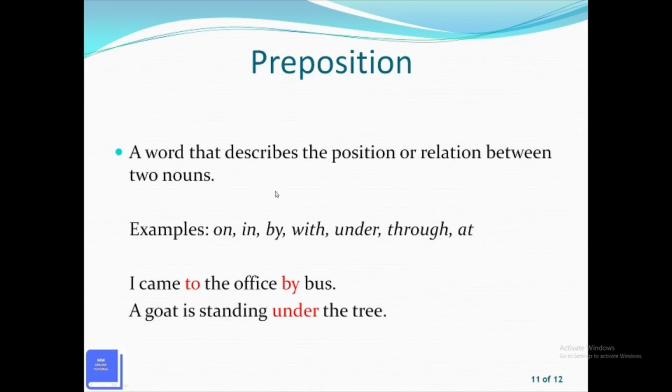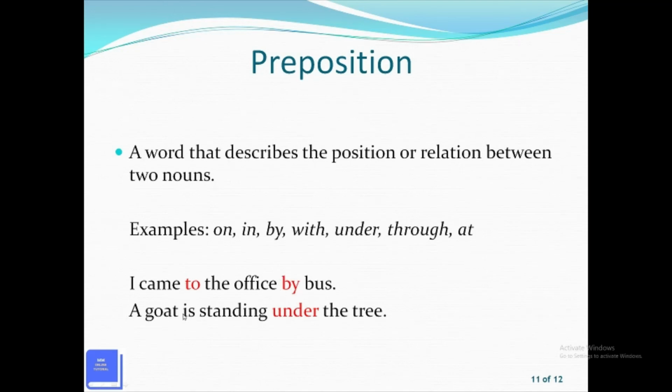Preposition, a word that describes the position or the relation between two nouns. For example: on, in, by, with, under, through, at. We'll see in a sentence. I came to the office by bus. So to is here a preposition, and by is here a preposition.